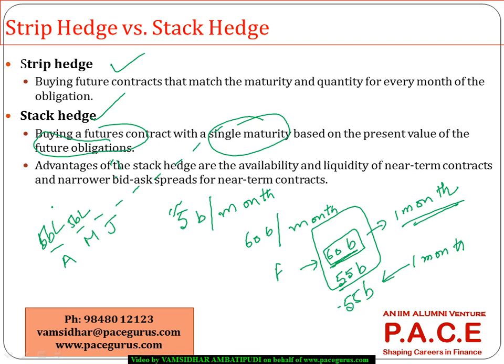Though it's a good strategy, in some cases, if the price movements are very drastic, it may create a cash flow crisis because you may have to deposit margin. There could be a margin call in the middle. And if your position is so bad, especially if you have played on very heavy volumes, the margin you may have to deposit could be so high, it may create a short-term cash flow crisis. But otherwise, it's a typical, regular, better strategy because you can try to benefit from the change in the prices over the period.